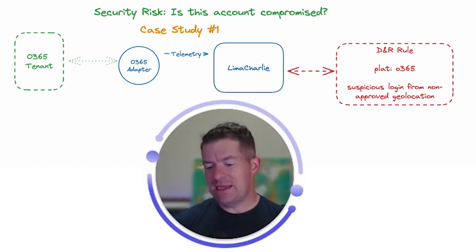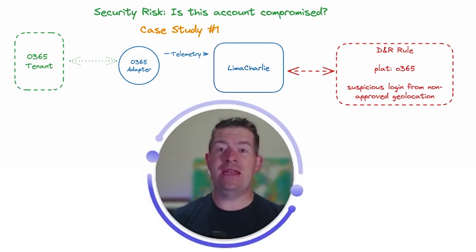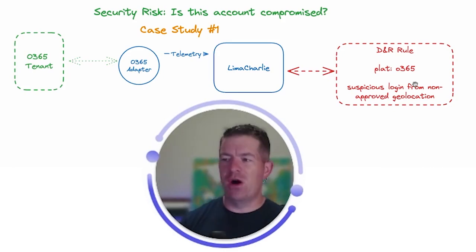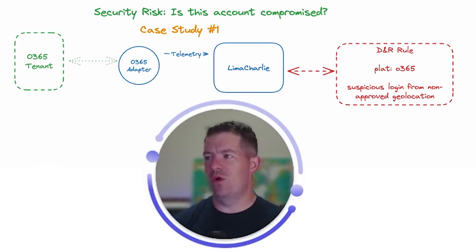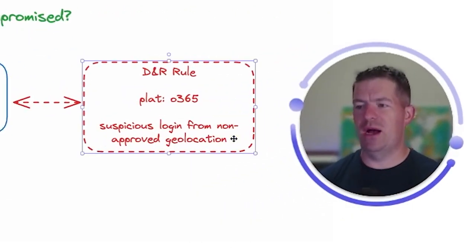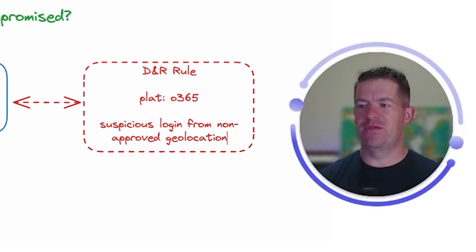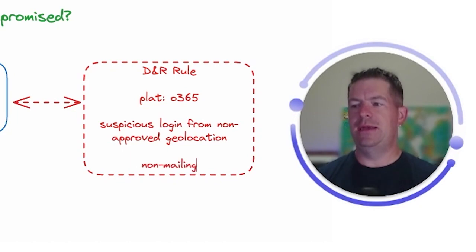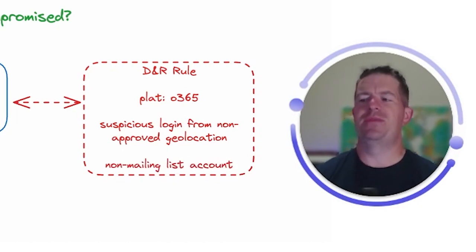What I mean by that is I might want to say, is it a managed inbox or not? Is it a mailing list or not? Is it an account that even should be logged in? Is it an account that even should have an email address? I can go as far in this particular rule as I want in order to build out more context. And we could certainly do that. So if I wanted to add a little more context here, I could also say non-mailing list account or something.